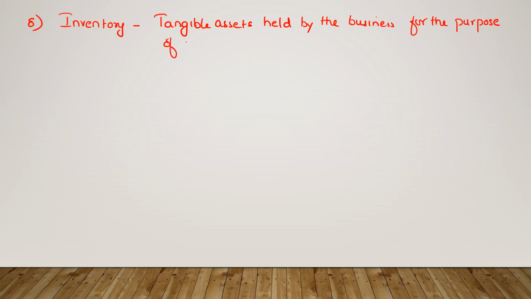Now, what is inventory? Inventories are those tangible assets, assets which can be seen and felt, which are held by the business for the purpose of sale in the ordinary course of business, or for use in manufacturing.